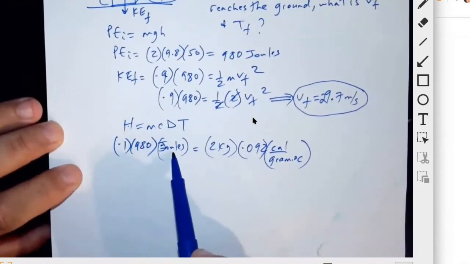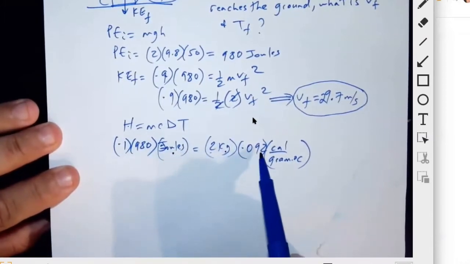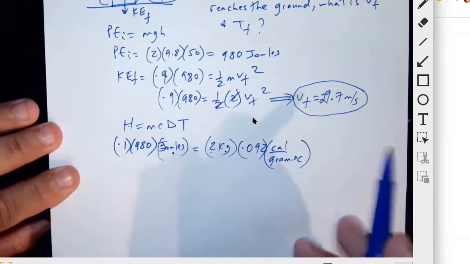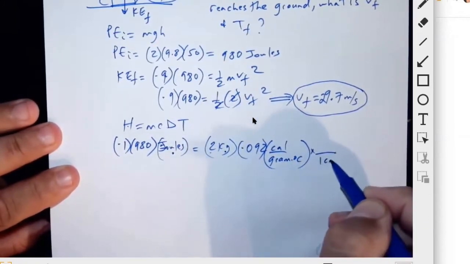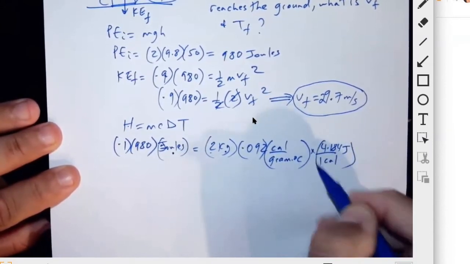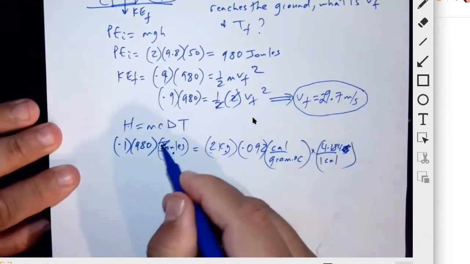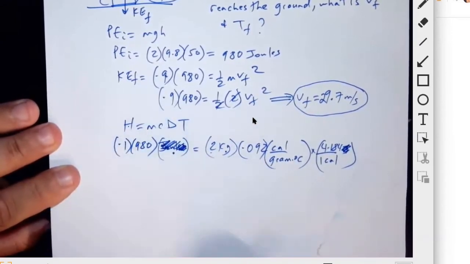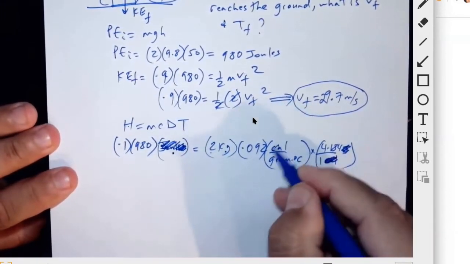H is joules, mass is kilograms, and 0.092 calories per gram per Celsius. So then I need to say 1 calorie is 4.184 joules. And then that joule will cancel with this joule, and the calorie will cancel that calorie.